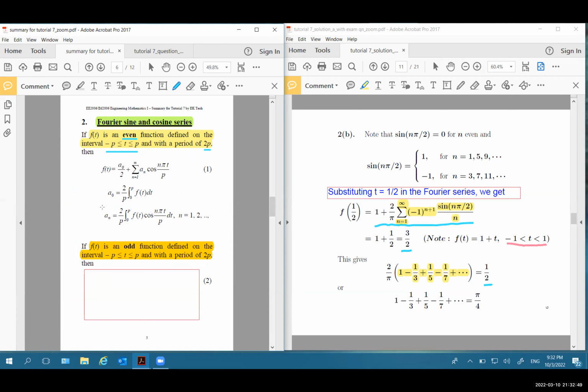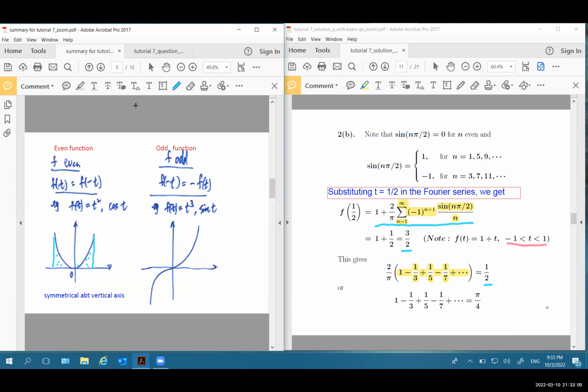Now there's no bn here, because bn involves f(t) times sine. If your f(t) is even, then your sine is odd, and even times odd gives you odd. What happens to an odd function when you integrate?